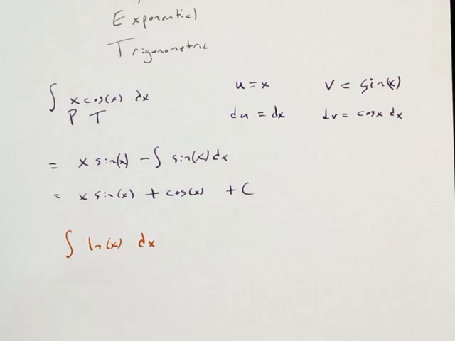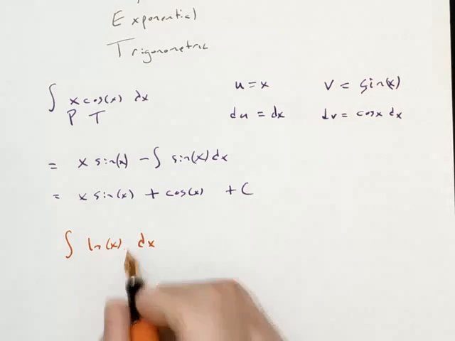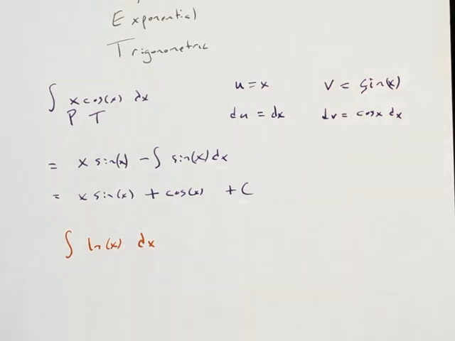So if I think of this logarithm as ln of x times 1, I really do have a second part. All right, let's try that. If I think of that as being ln of x times 1, 1 is a constant, it's a polynomial. It's x to the 0th power.